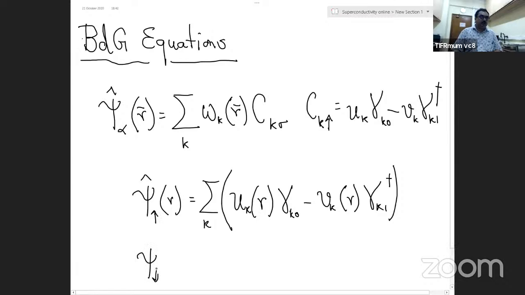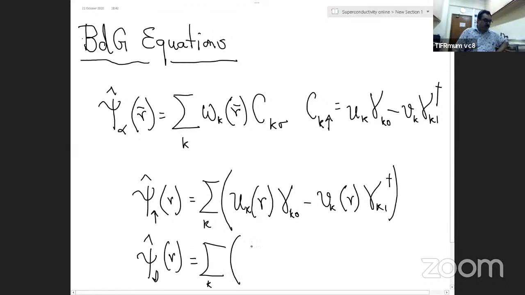Similarly, to create a down spin, I will sum over minus k down here because that is what I have used in BCS theory, but since I am summing over k, it does not matter whether I am putting minus or plus. At the end, I will sum over all k states.